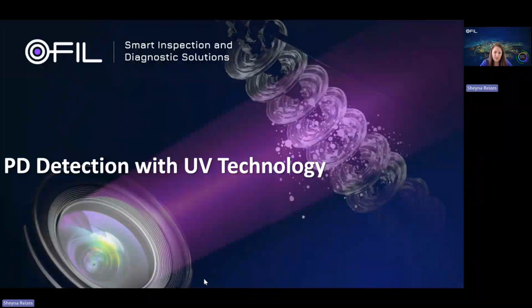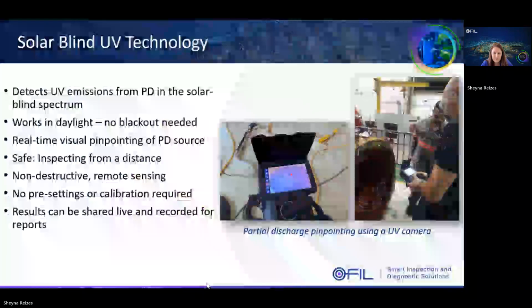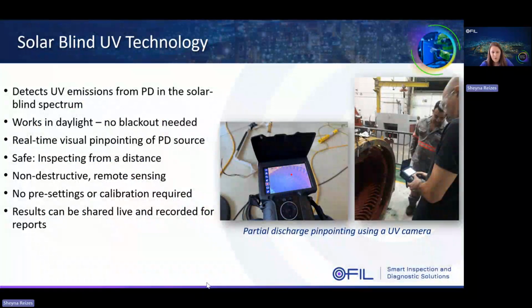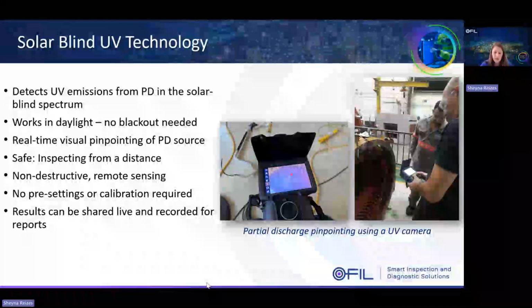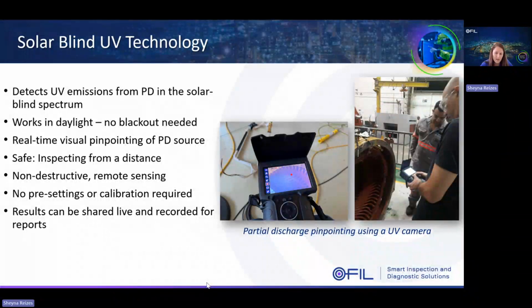And now let's take a look at how UV technology is used for partial discharge detection. So UV cameras or solar blind UV cameras detect UV emissions from partial discharge in the UVC range. This makes them ideal for outdoor and indoor testing without needing a dark room.